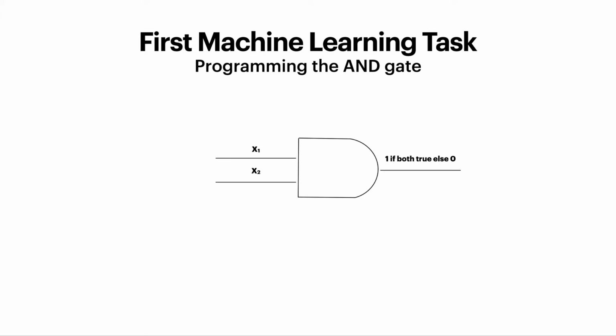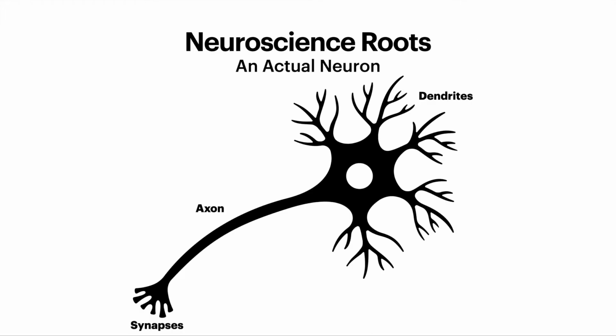If either x1 or x2 is 0, then the output of the AND is 0. Basically, AND means x1 and x2 both have to be on in order for the output to be on. So we're trying to predict the output of the AND operation using data. We're basically trying to teach the computer how to perform the AND operation from scratch.